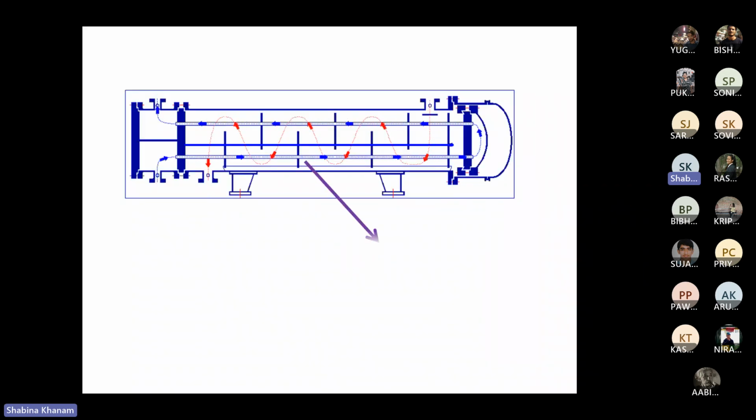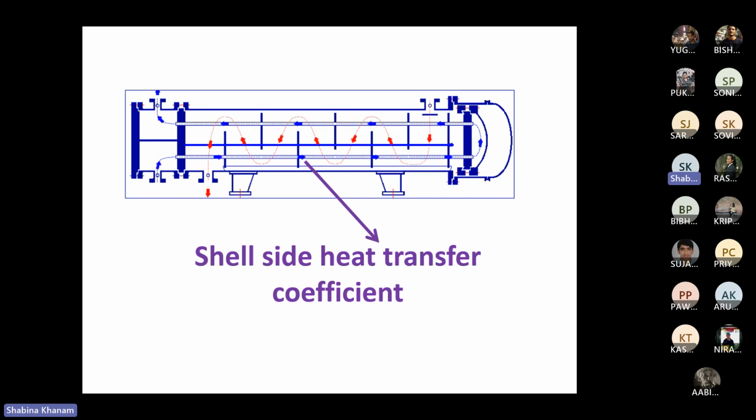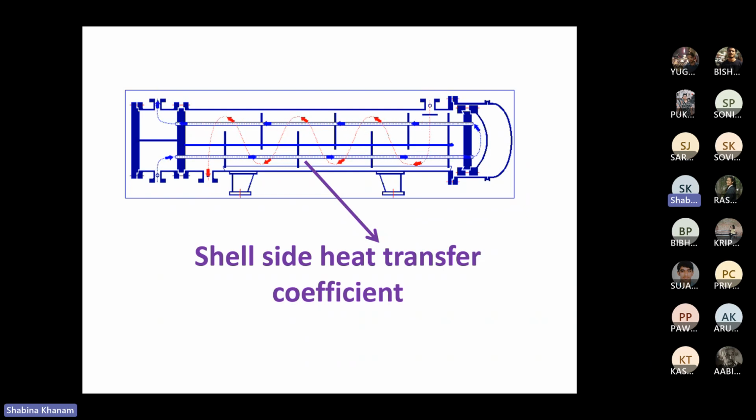So I hope you are able to see the slide with the shell side heat transfer coefficient. This is the shell side, and the geometry in the shell side is much more complicated than the tube side. Tube side is only the straight tube, nothing else.